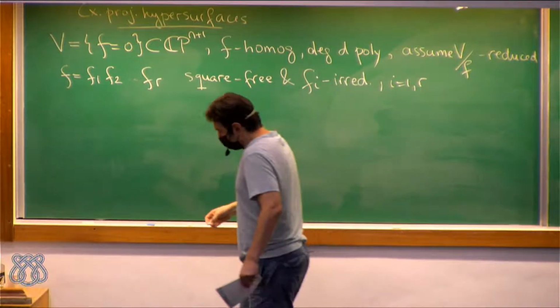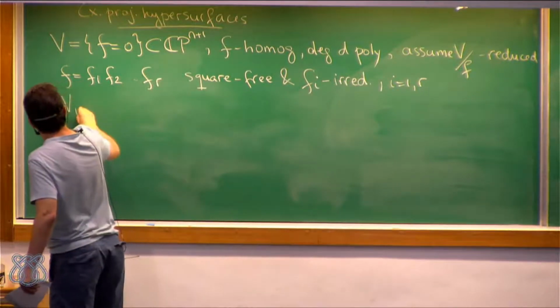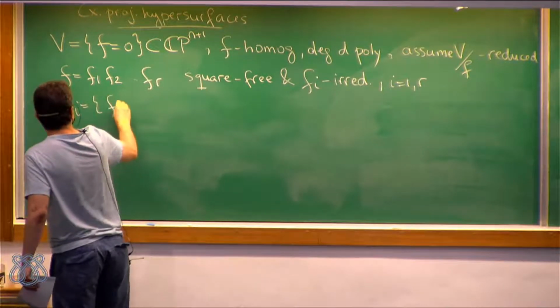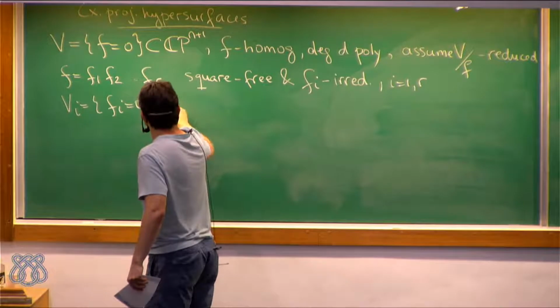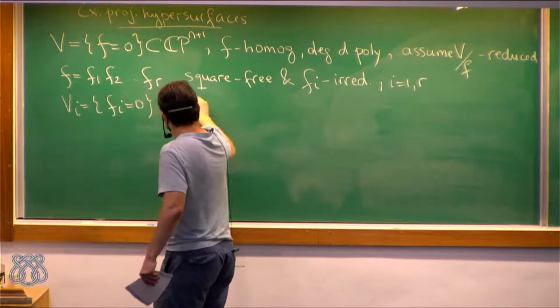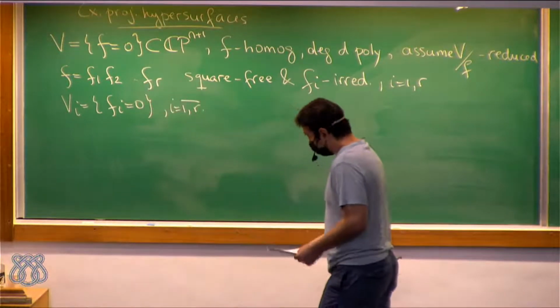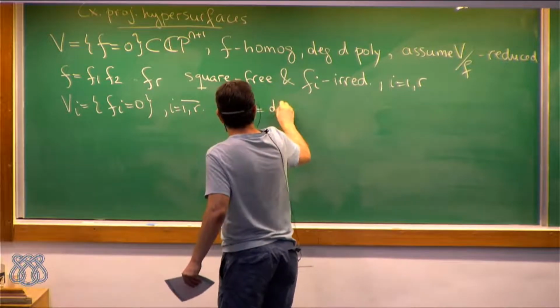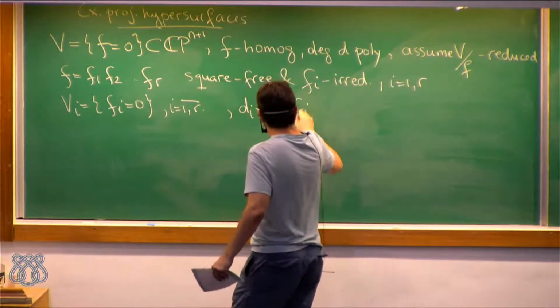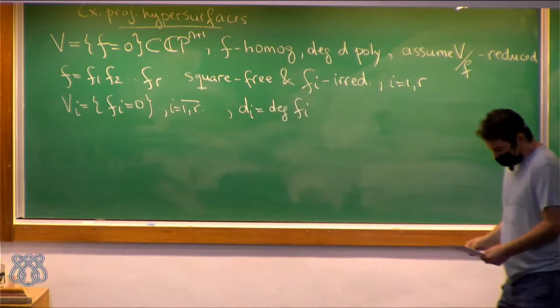And I'm going to denote by V_i the irreducible components of V. Say D_i is the degree of F_i. Okay, so these are just notations.